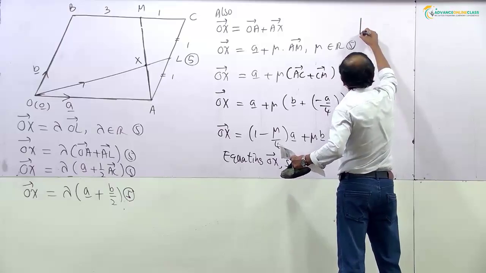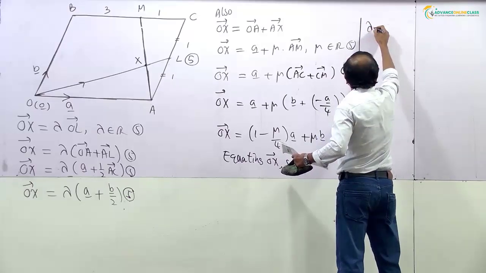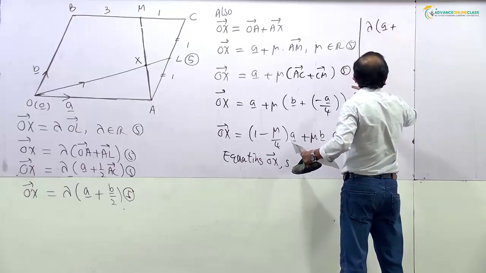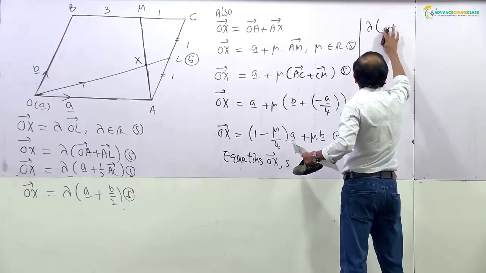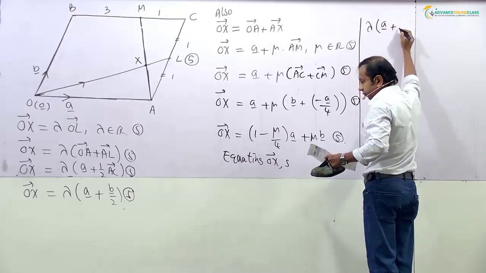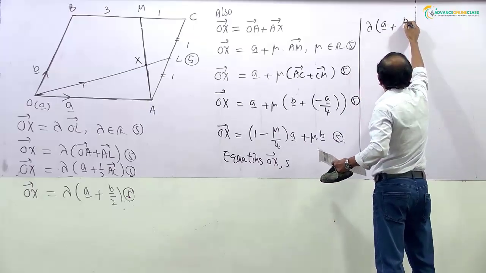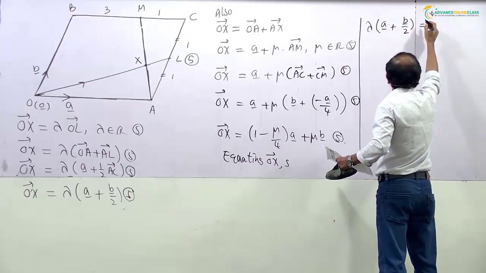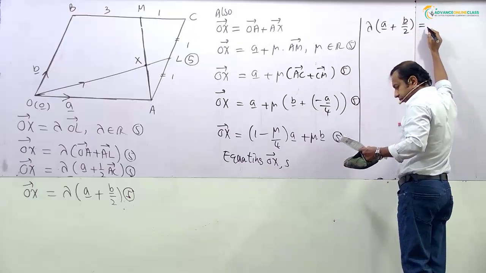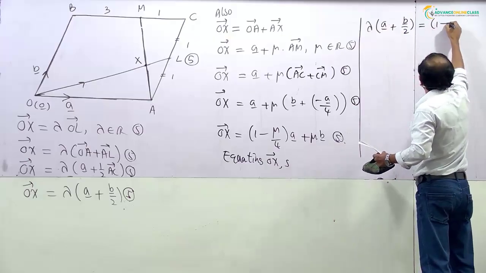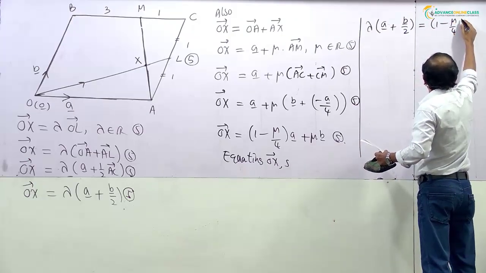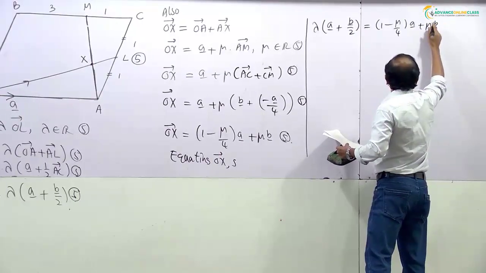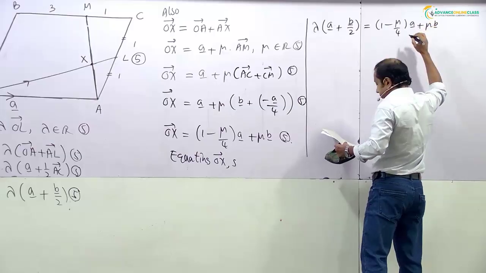Lambda times A vector plus B divided by 2 equals 1 minus mu by 4 simple A vector plus mu B. Right.